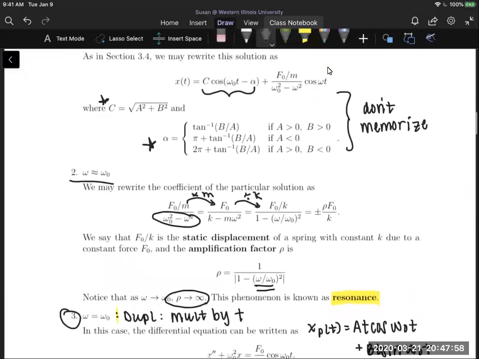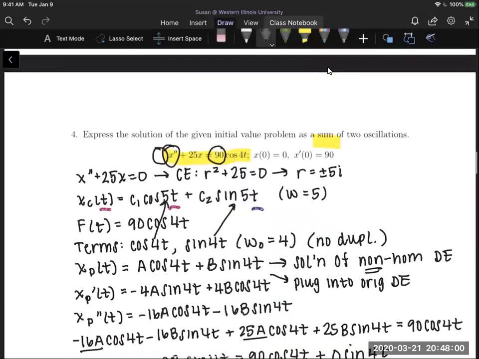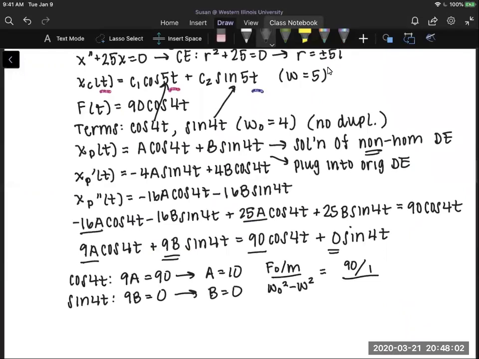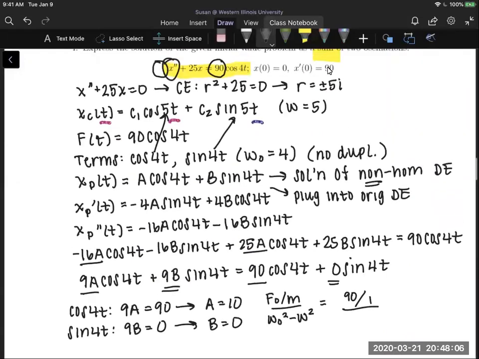Omega naught squared minus omega squared. So omega naught is going to be 4, so we got 16, minus 5 squared. So this is 90 over a negative 9. We get negative 10. So did I make a mistake somewhere?